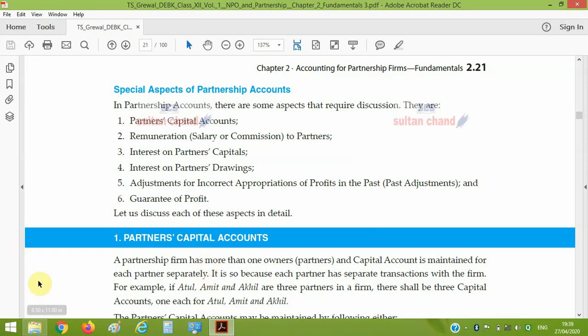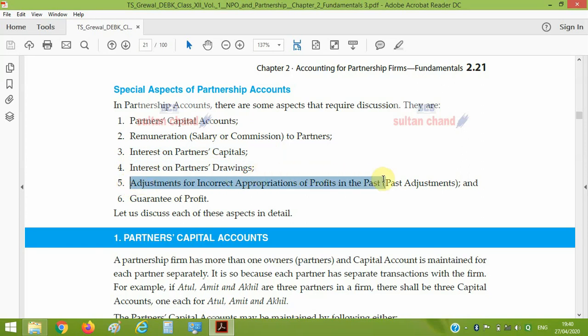Here are the following accounts which are prepared in case of a partnership, and these accounts are: partners' capital account; second, how we will deal with the remuneration given to partners, whether salary or commission or anything else; then, if the deed allows, the interest on partner's capital, and if the deed allows, interest on partner's drawings.